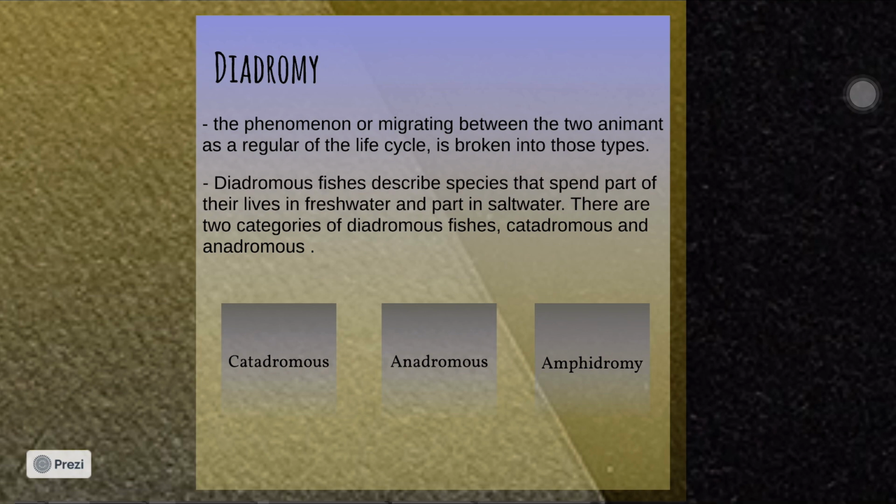Diadromous fishes describe species that spend part of their lives in freshwater and part in saltwater. There are three categories of diadromous fishes: catadromous, anadromous, and amphidromous.